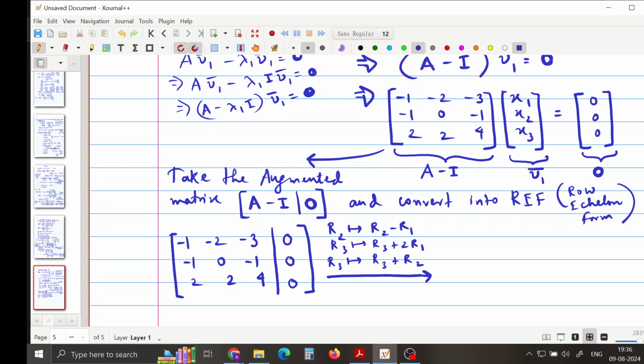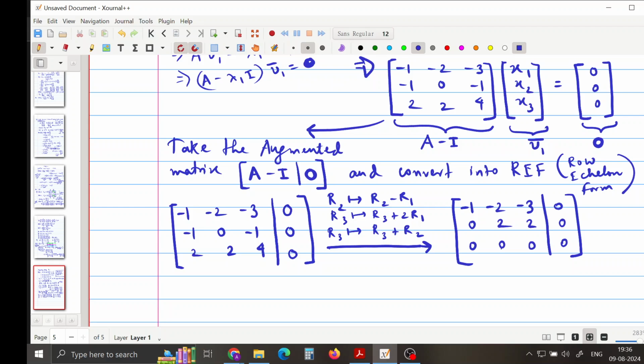But there is something more called the reduced row echelon form or RREF, which is always unique. If you do this sequence of steps, then what you will get is -1, -2, -3, 0, 2, 2, 0, 0, 0, and the right hand side always stays 0, because it's an all 0 vector, so whichever row operation you perform on it, it always stays all 0.